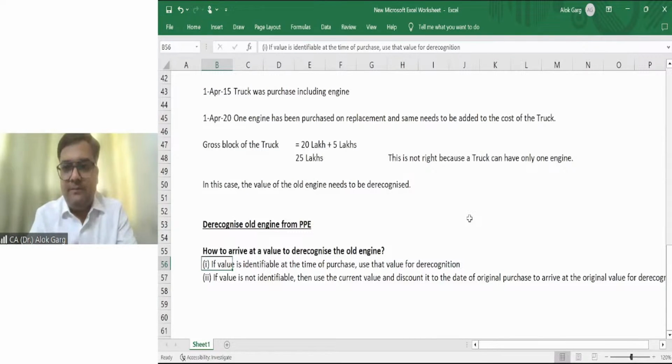For example, when you bought a truck, you are aware that the cost of the engine built in the truck is, let's say, 6 lakh rupees. In that case, it is a major component, right?